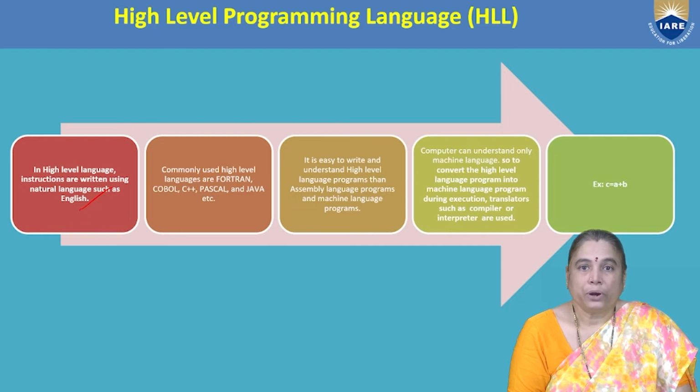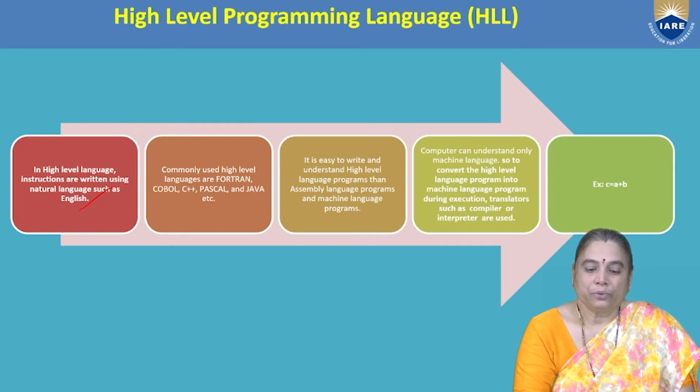Once you read or observe this code, the user can gain an idea of what purpose the program is written for, so the readability is more in the case of high-level programming language. So understandability is more, and it is very easy to identify the errors, which facilitates the debugging process also.